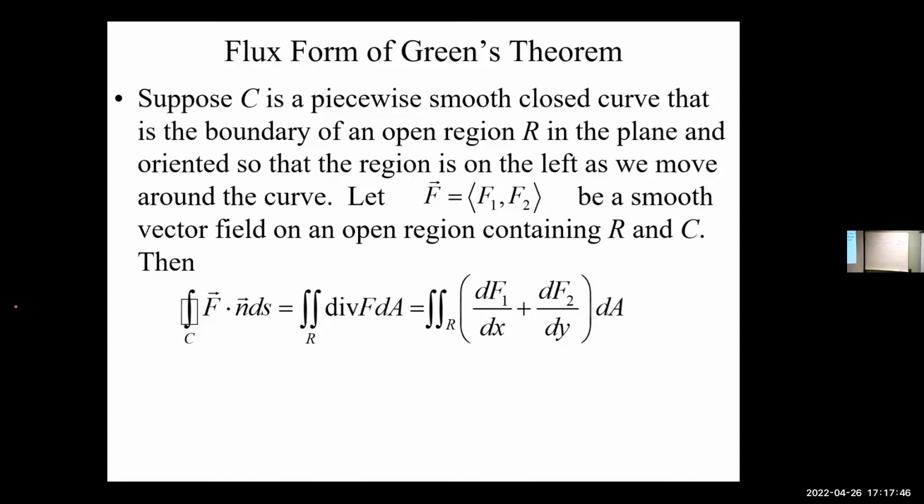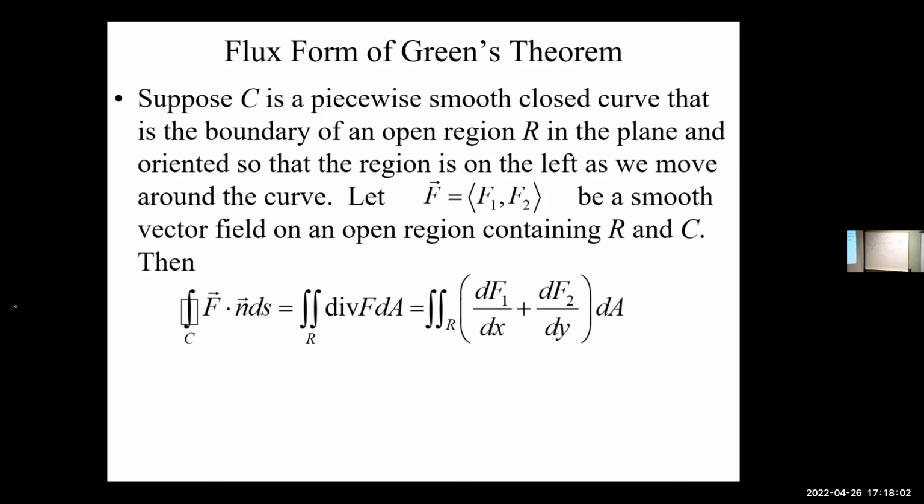So we look at the pieces that are tangent to our motion. With flux, we're looking at what's going through the surface. So we're taking the pieces that are normal to the path of motion. That's the only difference between the two.